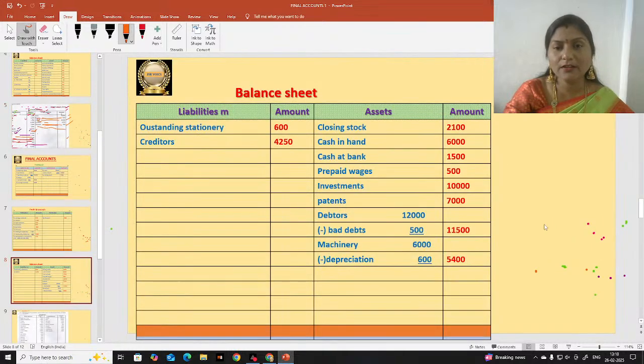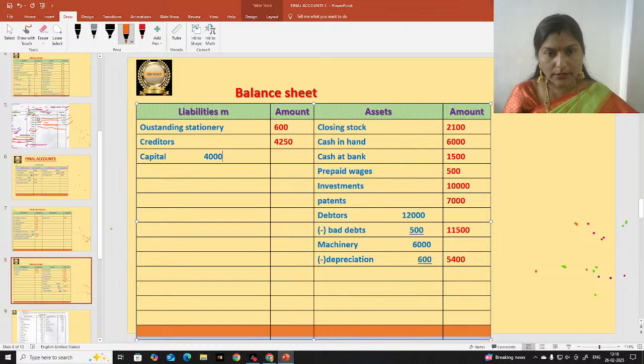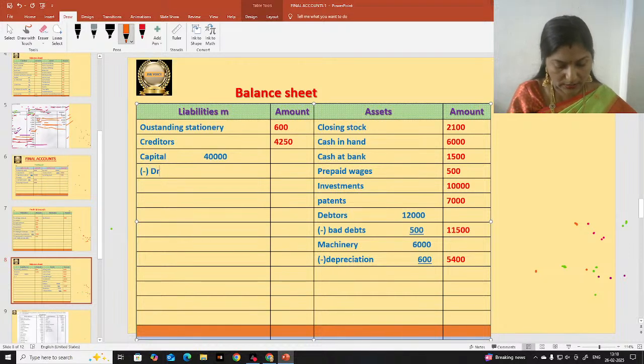Where we write capital? We record capital in the balance sheet. So drawings also we should record in balance sheet. So let us record capital 40,000. Under that, drawings we should deduct, 1,000.